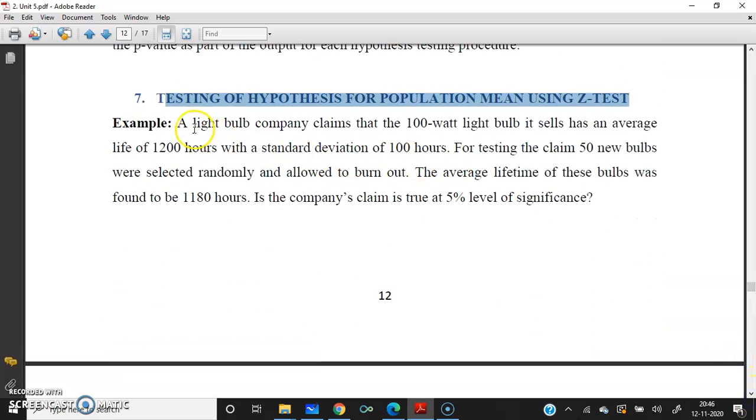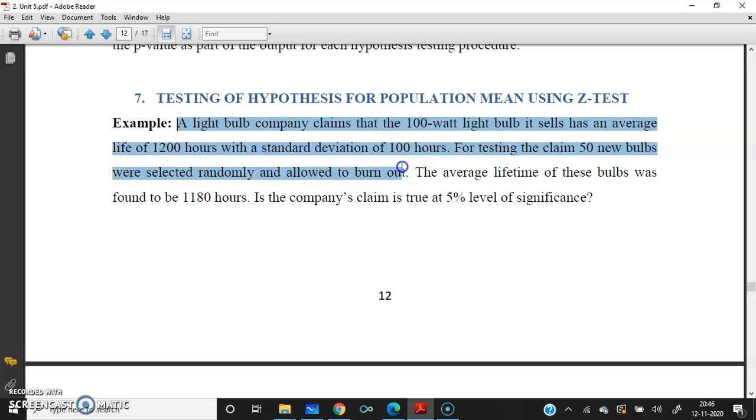A light bulb company claims that its 100-watt light bulb has an average life of 1200 hours, and the standard deviation is given as 100 hours.